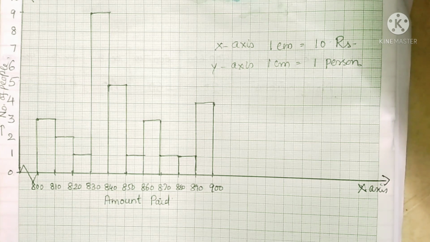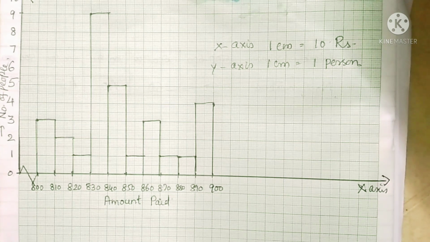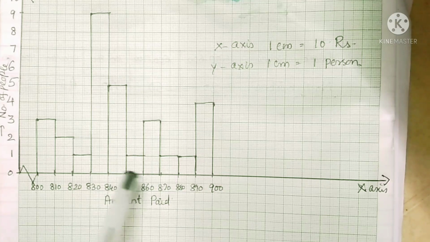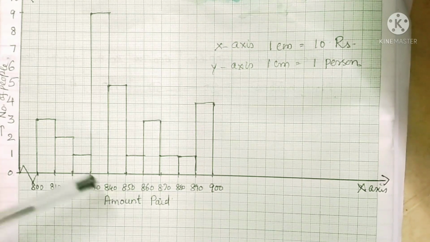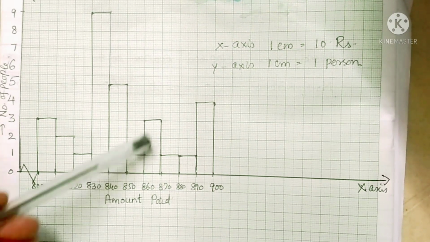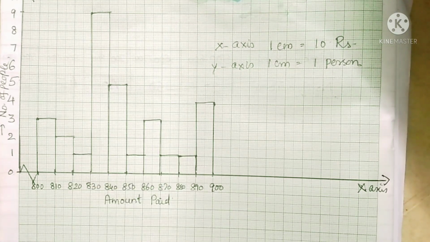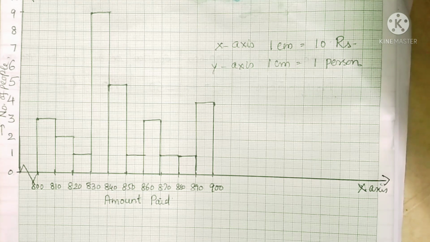Now the next question is, how many workers earn 850 and more? You see, where is 850? Here. 850 and more. How many? So 1, 1 plus 3, 4, 4 plus 1, 5, 5 plus 1, 6, 6 plus 4, 10 people earn more than 850.